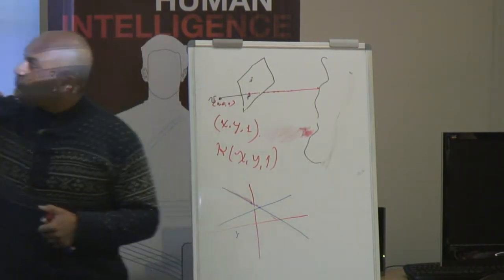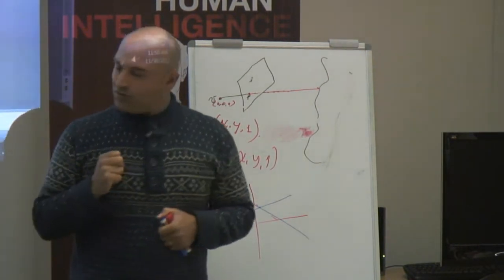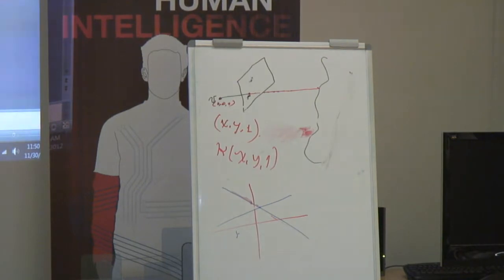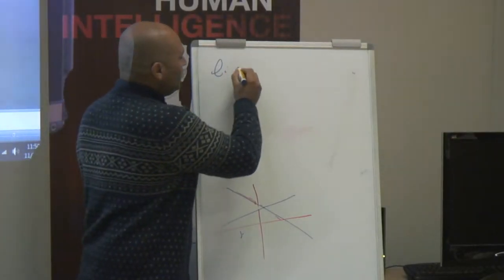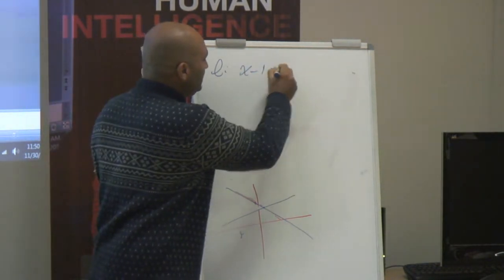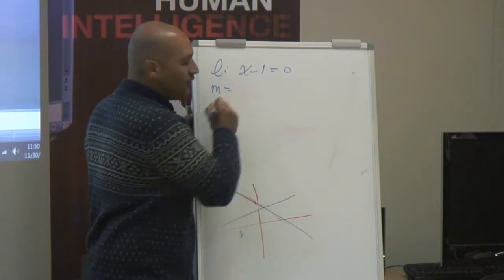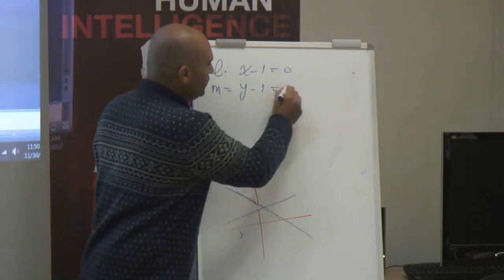This is very simple. We take L cross product M, and this will give us the point. Here is a very simple example. We have two lines. L is x minus 1 equals 0, and M is y minus 1 equals 0.